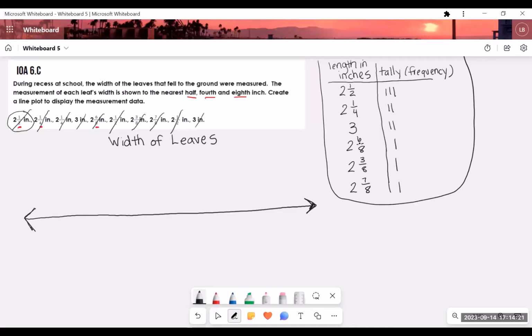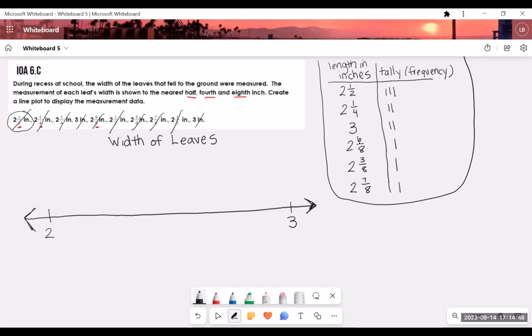So basically, all of these measurements are going to fall from 2 to 3 inches. So I don't need anything more than 3 inches, and I don't need anything less than 2 inches. So that is going to be basically the endpoints of my measurements on the number line.